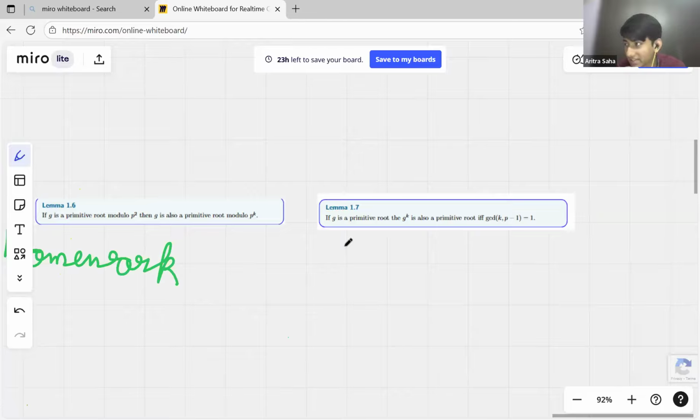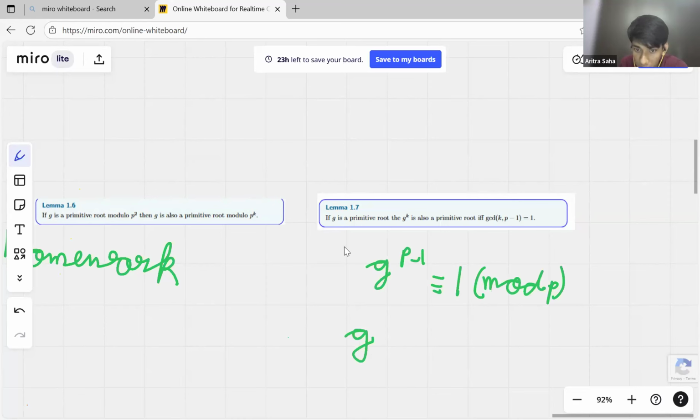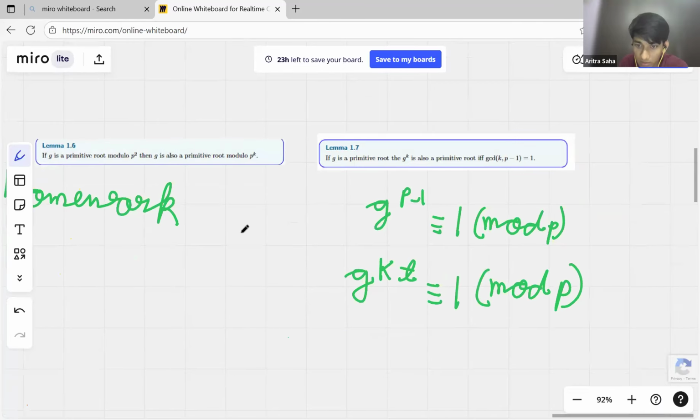Why is this true? It's just a one liner. We have g to the power p minus 1 is 1 mod p, so the order is p minus 1. And so you have g to the power k, say the order is something like t. You need this to be 1 mod p. What do you have here?